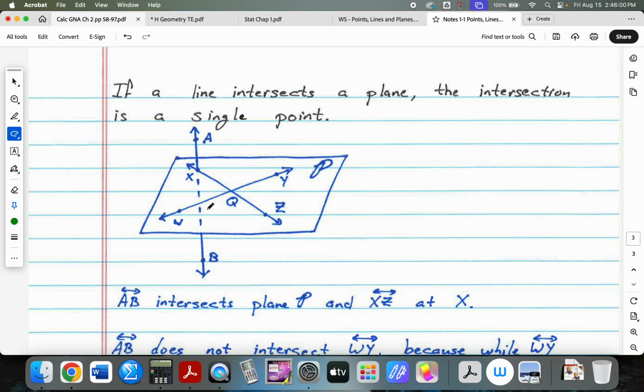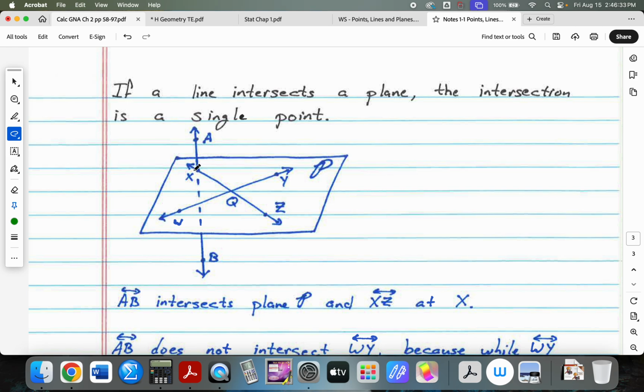So this line is going up and down through plane P. These other lines are on plane P. So here, line AB intersects plane P. So line AB is this line going up and down. Here's plane P. And it also intersects line XZ at X. When we say it intersects, it's what they have in common.